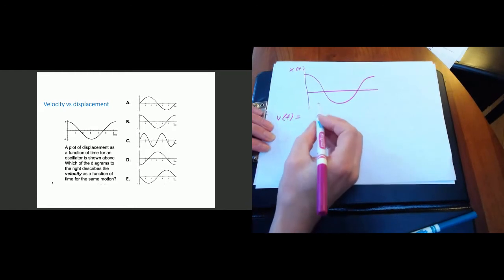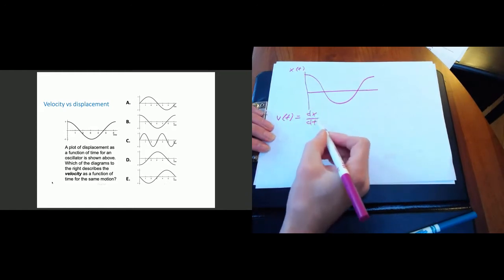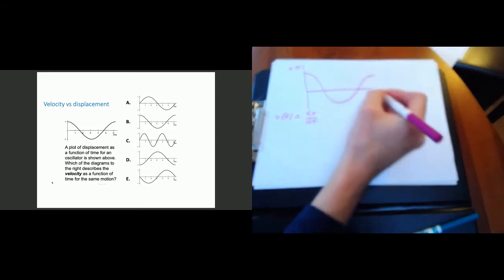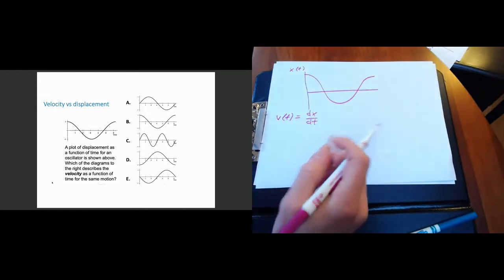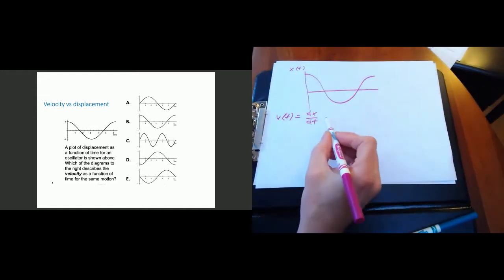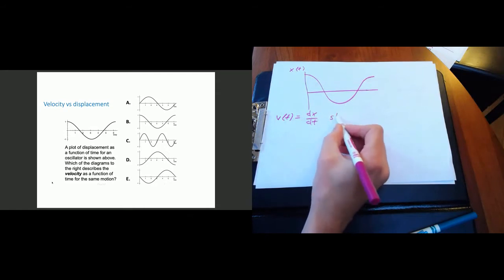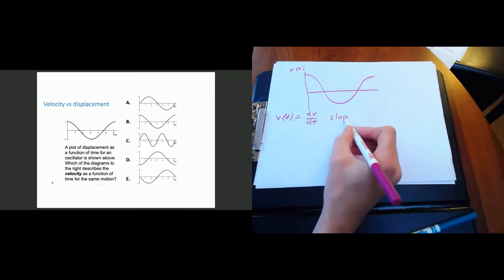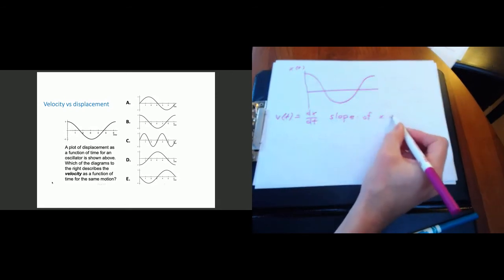And so the key here is that the velocity as a function of time is just the derivative. So we could try to write down the mathematical function and then take the derivative. But instead, what we can do is actually understand everything just based on the graphs. So this is the key step, is to understand that this derivative is the slope of the x versus time graph.